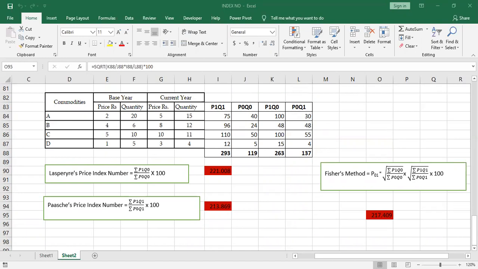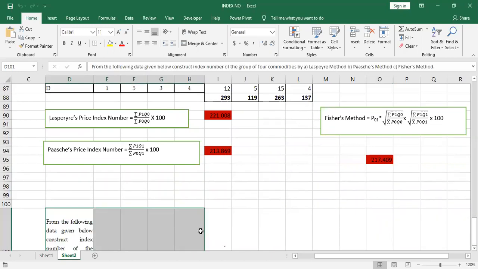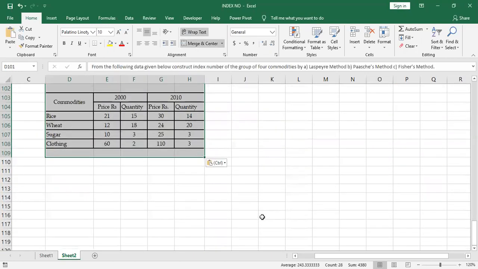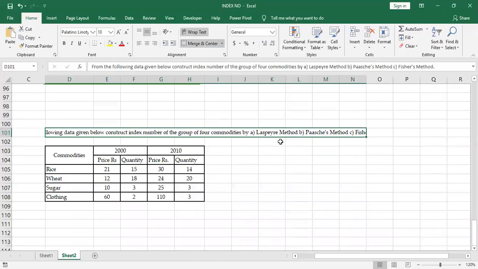The problem goes like this. We'll have a problem which is given as follows. You can see the problem.